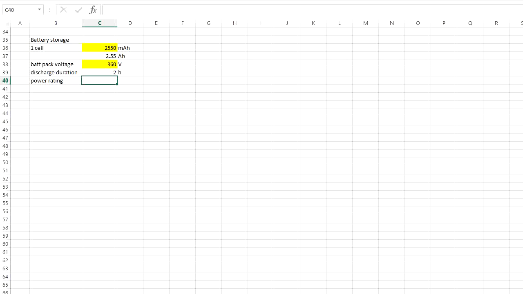And the power rating was, in this first case, 5 kilowatts. So let's put it like this. We have again two cases, case 1 and 2, where in the first case we have 2 hours at 5 kilowatts, and the second case was just half hour with the power rating of 10 kilowatts.